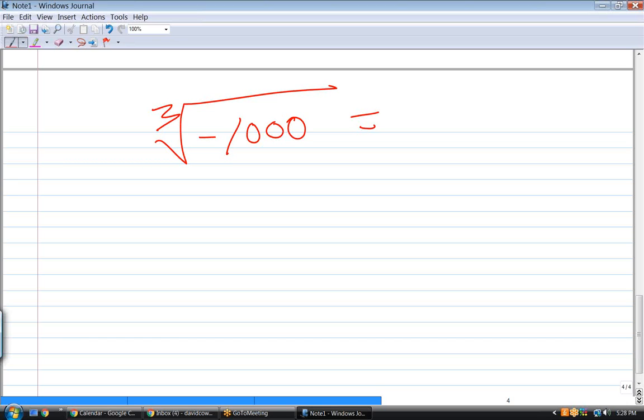What number multiplied by itself 3 times equals -1,000? -10. Correct. And again, it's only negative because we're taking an odd root. When you take odd roots, you either get a negative or a positive, but not a plus or minus.